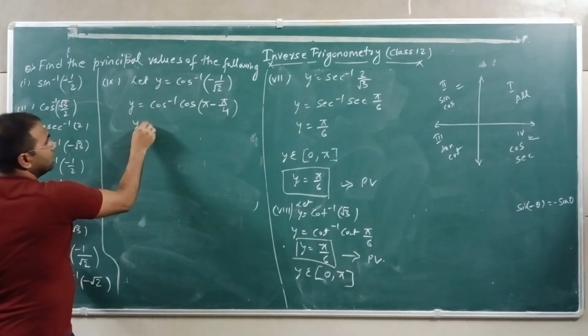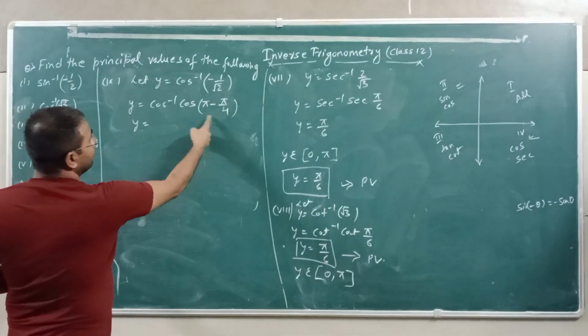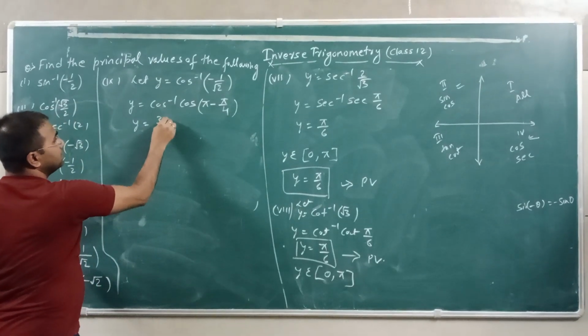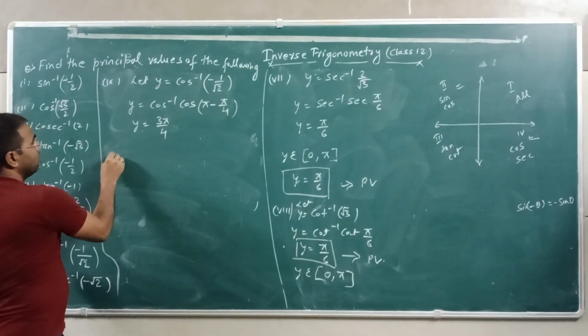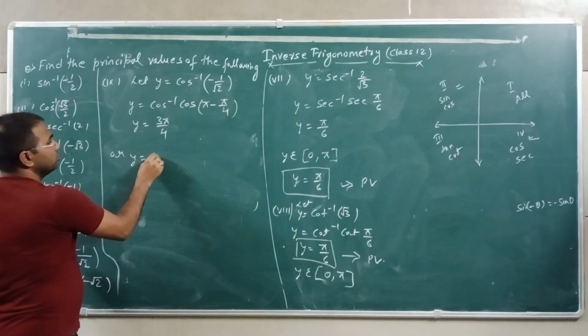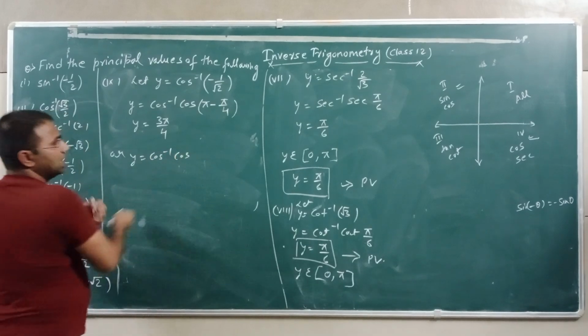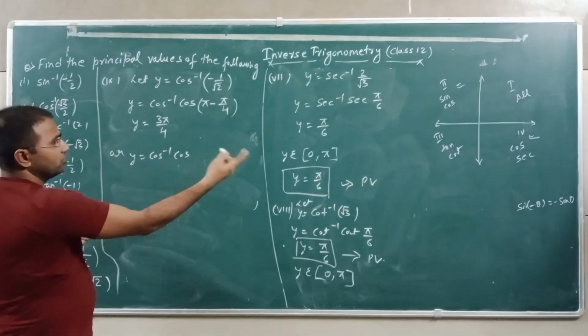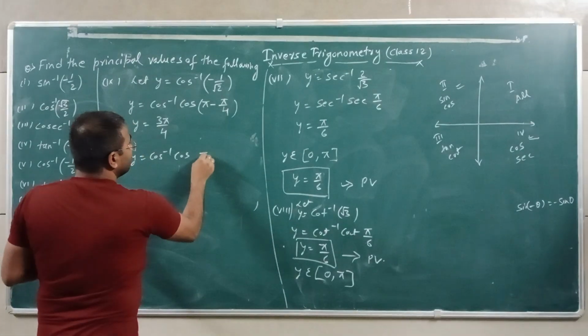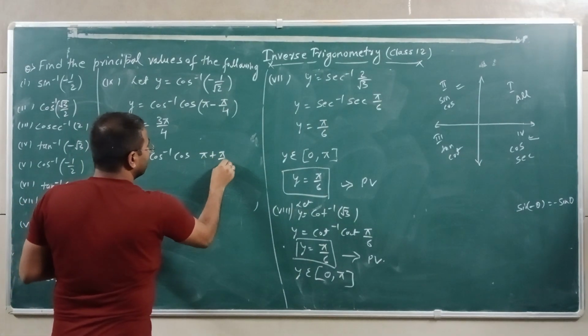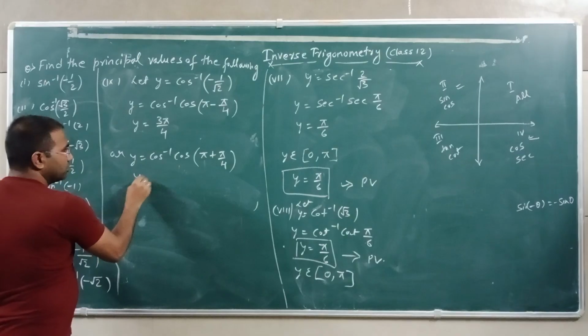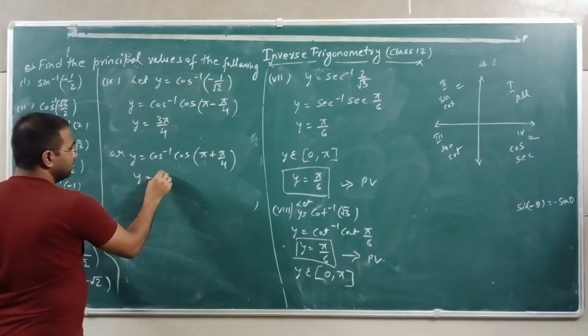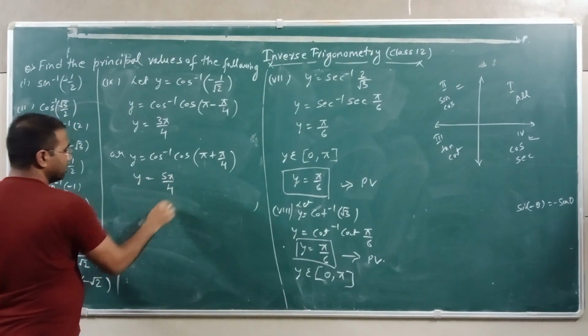So here what value will y come? 4 pi minus pi, 3 pi upon 4 will come. Or you can write y is equal to cos inverse. As I told you, in the third quadrant the cos value will be negative, so for the third quadrant you will write pi plus pi upon 4. Then y, what will come? 4 pi plus pi, 5 pi upon 4.